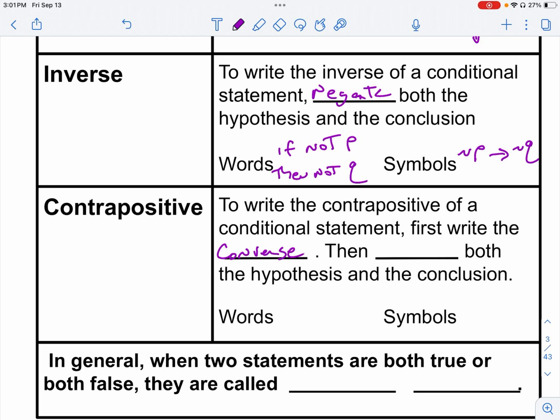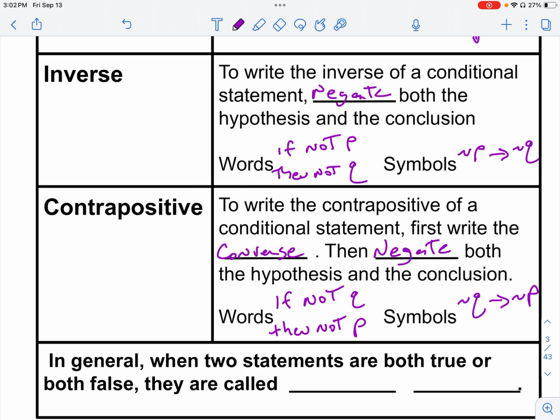So instead of P to Q, we're going to write Q to P, and then we're going to negate both sides. So if not Q, then not P. And symbolically, we'll write that like so.